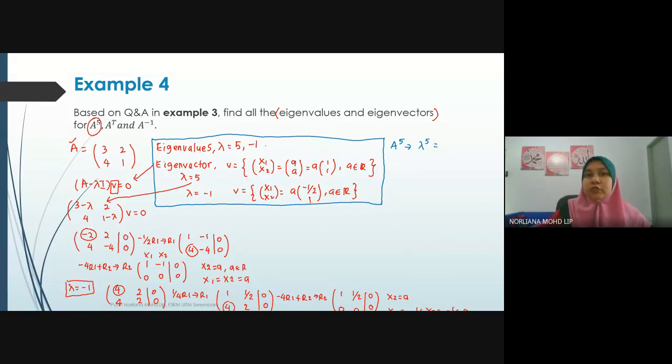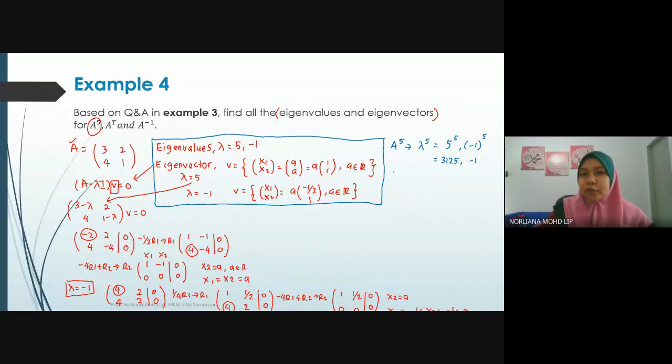So we get lambda equal to 5 to the power of 5, and negative 1 to the power of 5. That is 3125 and negative 1. You don't have to find the new eigenvalues for A to the power of 5, you just take the power of the eigenvalues.